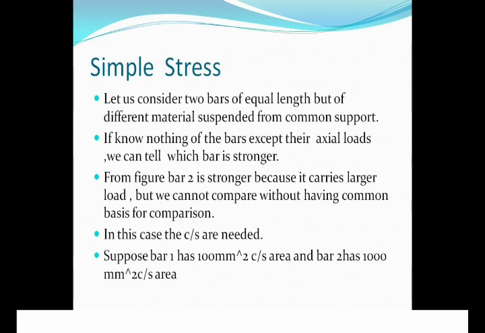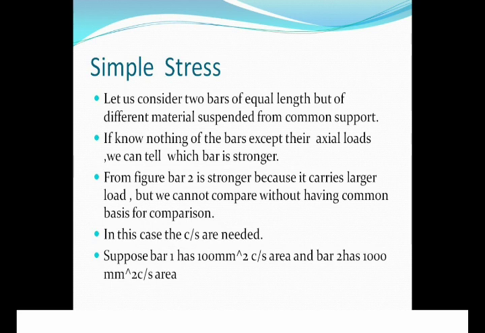Now consider the cross section of the bars. Suppose bar 1 has a cross sectional area of 100 mm square and bar 2 has a cross sectional area of 1000 mm square.